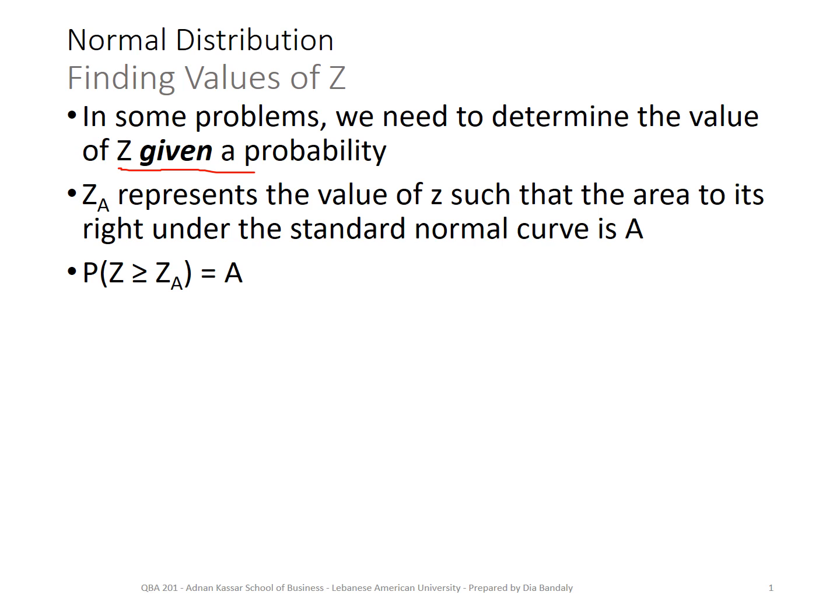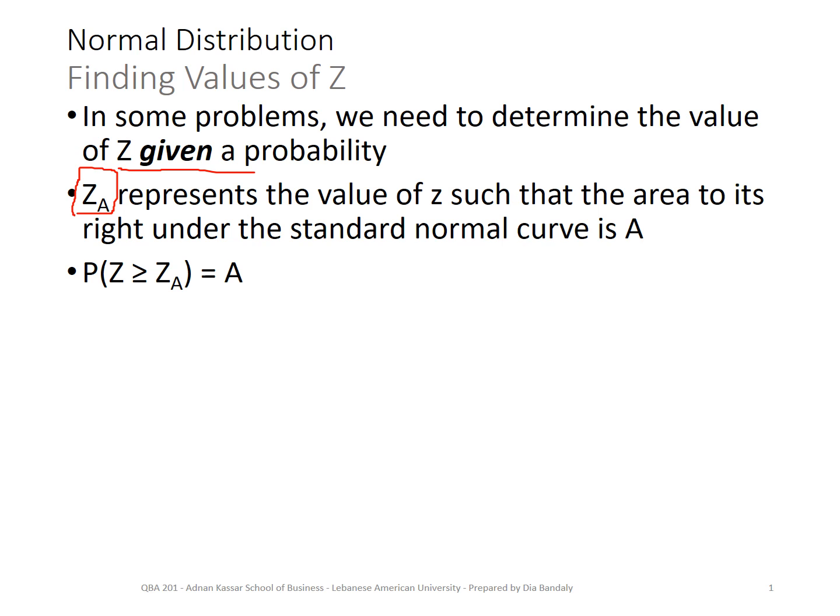Before I show you how to do this, let me introduce a notation that is standard across different topics. We denote by z_A. What's z_A? It's the value of z such that the area on the right hand side is equal to A. What we were mainly working with was, for any value of z, the area on the left hand side.